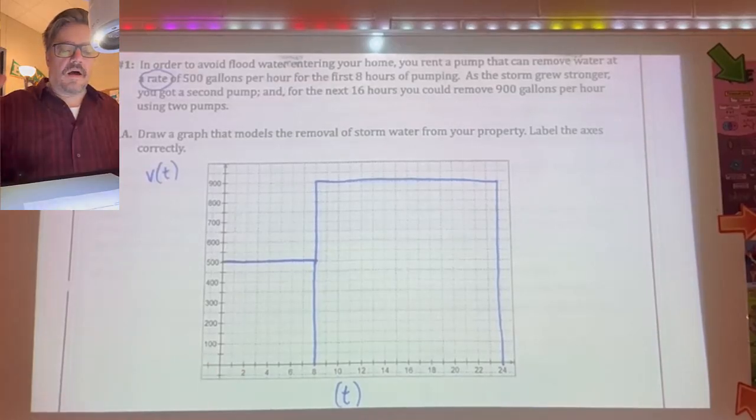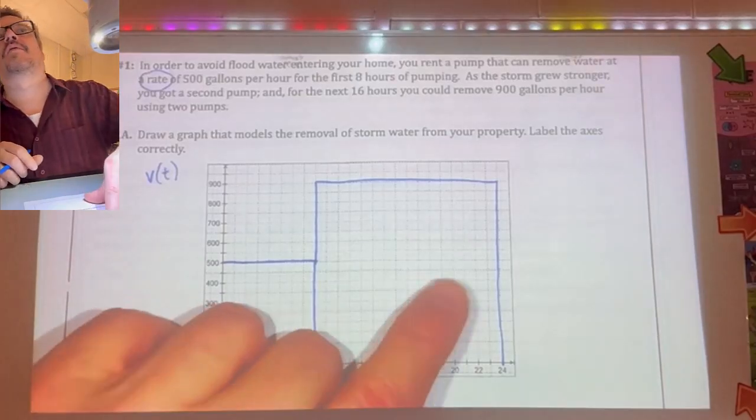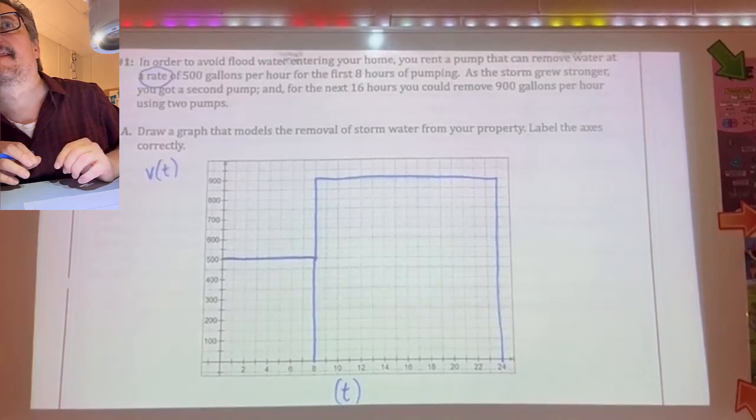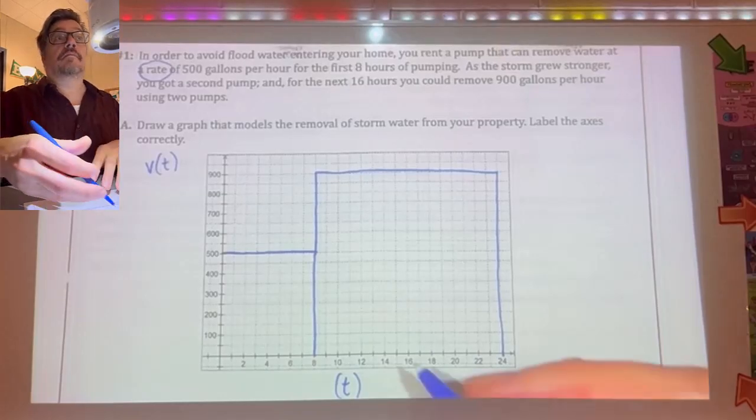All right. So, what does the area under the curve represent? What is the area of these objects, by the way? What would it be? Yeah. So what is it?